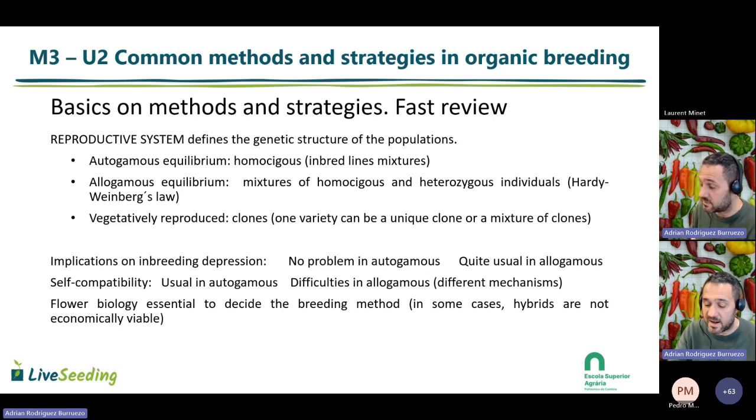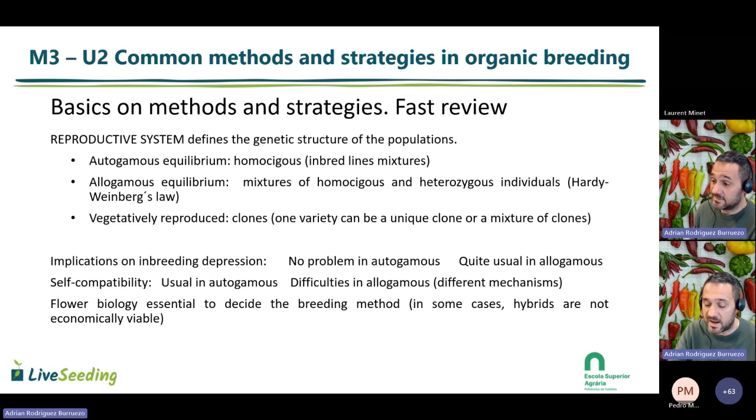Like for instance, there was not a mechanism preventing the fertilization, but after that there are other barriers, post-zygotic barriers affecting the viability of the offspring, at the seed stage or even later when the plants are seedlings, like deleterious problems or weak development, etc. So in allogamous species, there are different barriers which prevent self-compatibility, which on the contrary is quite usual in autogamous species.